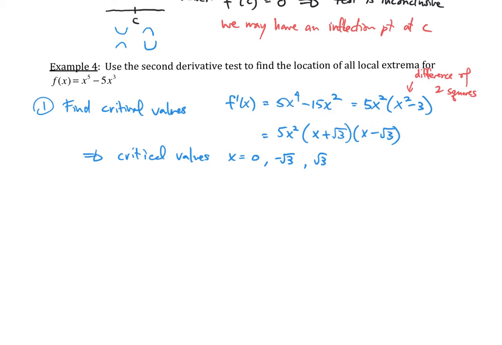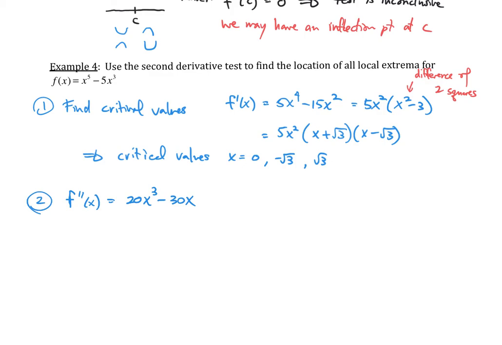All right. So then the next thing I need to do is calculate the second derivative, because the second derivative is what gives me information about concavity. So the second derivative of f is just going to give me 20x cubed minus 30x.